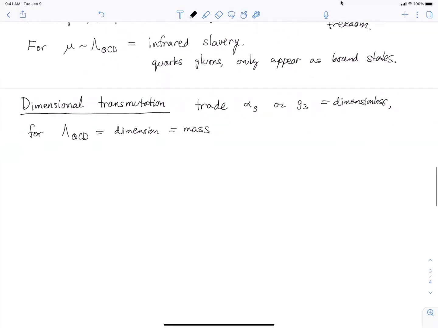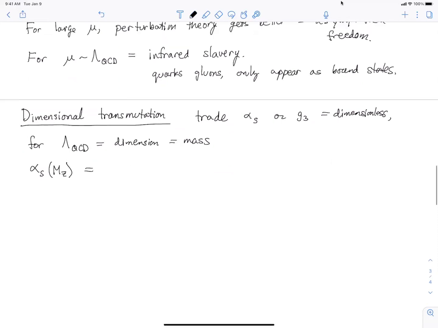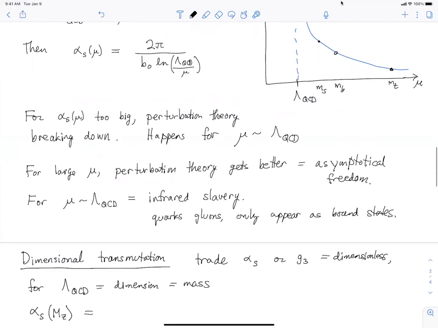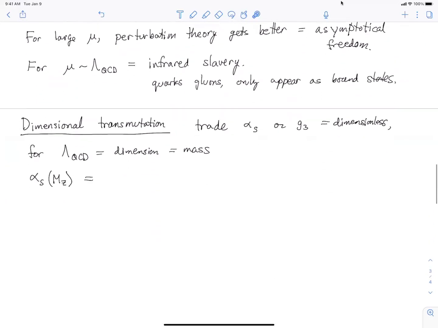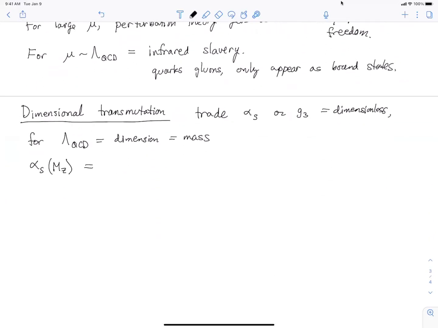Okay, and so if you measure, and here's a typical measurement of alpha S evaluated at a nice high scale like the Z mass, that just turns out to be a good place to measure it. The nice thing about choosing a nice high scale is perturbation theory is not too bad up there. And that's usually why we choose that scale.